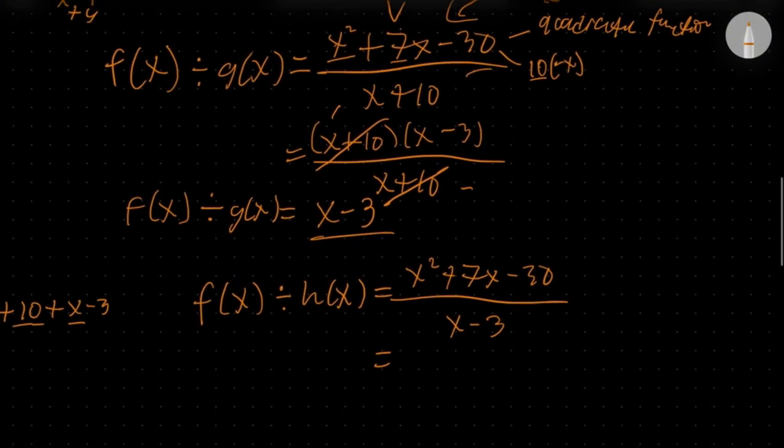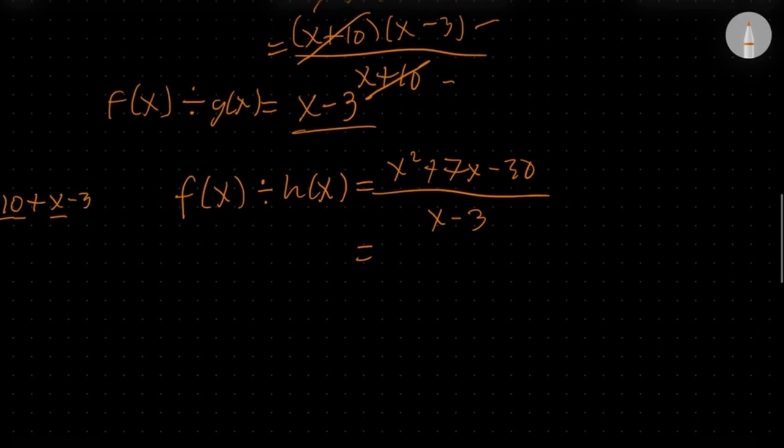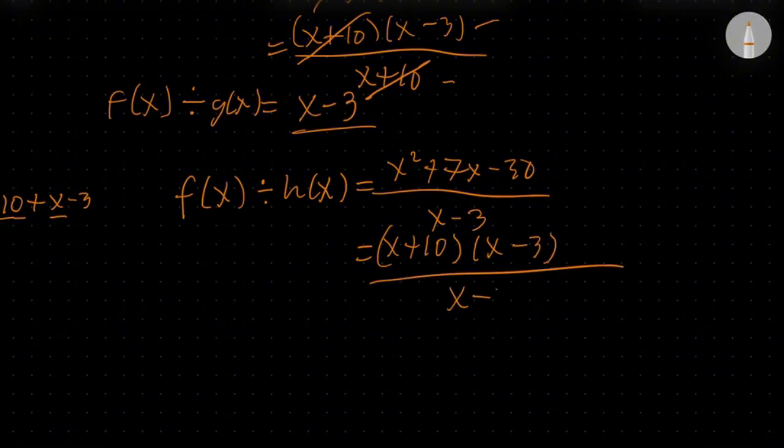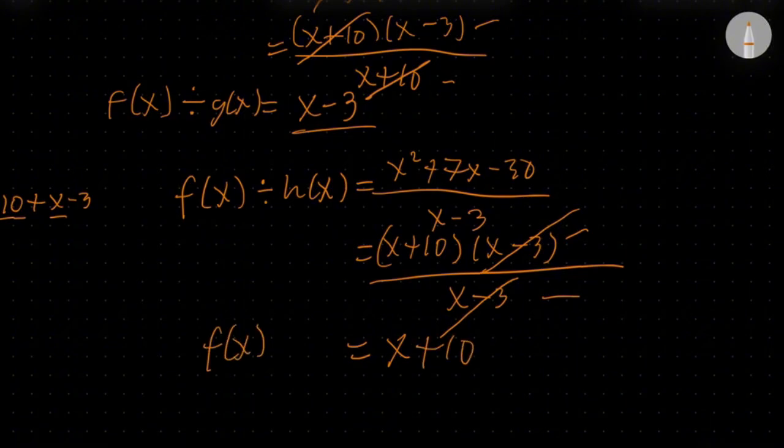So let us just write this factored form. X plus 10 times x minus 3 over x minus 3. And we notice again that x minus 3 here is also here on the denominator. Therefore, we'll cancel this out, and we will be left with x plus 10. And that is our answer.